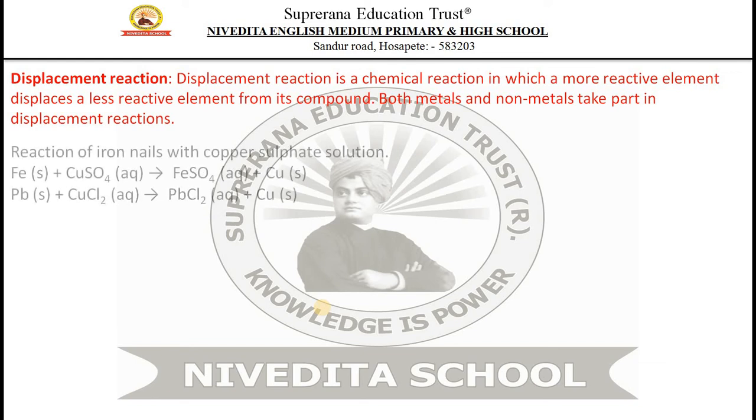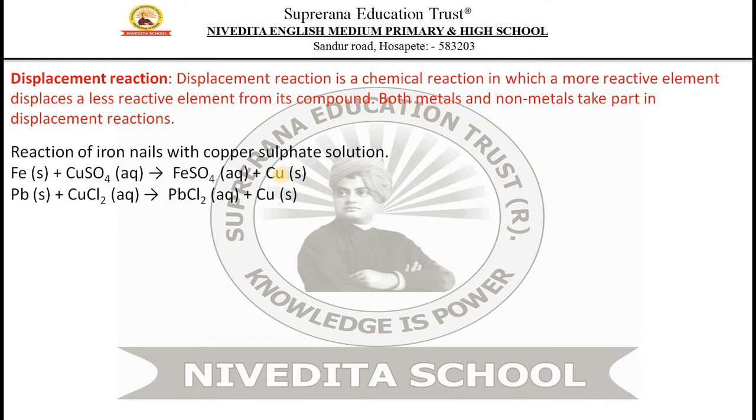So let's see the example. I have taken 2 examples. The first one I took when we discussed change in color. Iron displaces copper from copper sulfate solution to form iron sulfate, and copper is obtained.